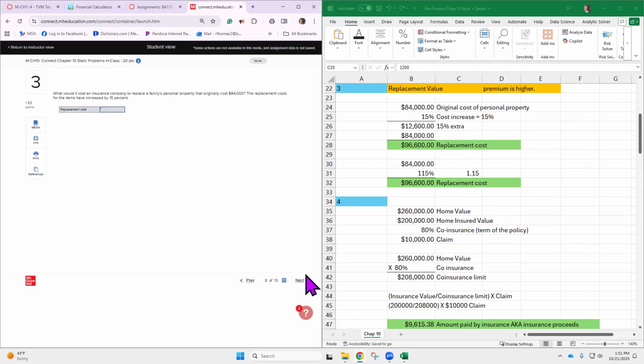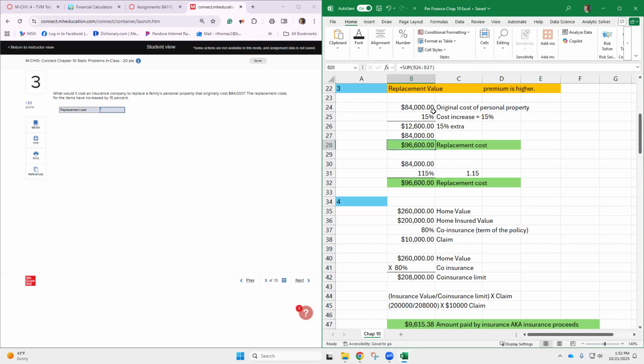Number 3, what would it cost an insurance company to replace a family's personal property that originally cost $84,000? The replacement costs for the items have increased by 15%. So the original cost of the property is $84,000, with a cost increase of 15%. 15% of the original cost is an extra $12,600.